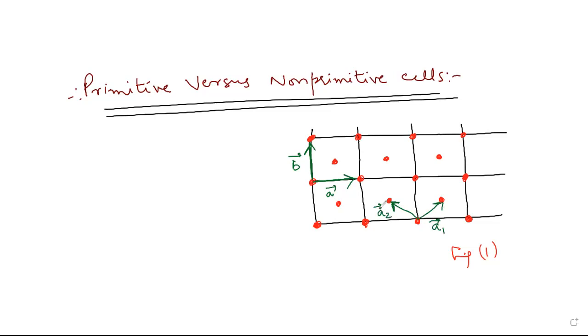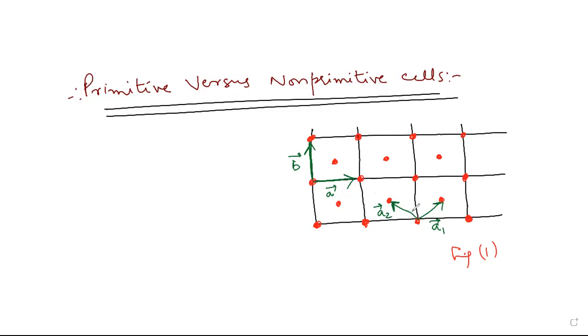So this is a figure of a Bravais lattice. Let me check it. Yes, it's okay. So you can see vectors A1, A2 can be chosen as a basis set. For this lattice, we can choose this A1 and A2 vectors as a basis set.